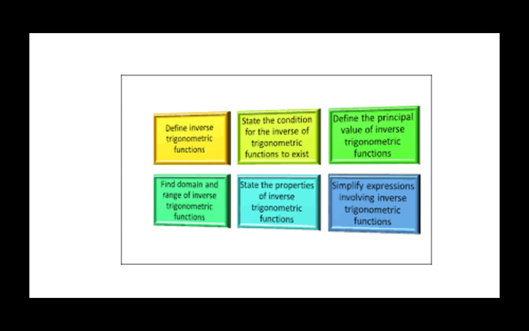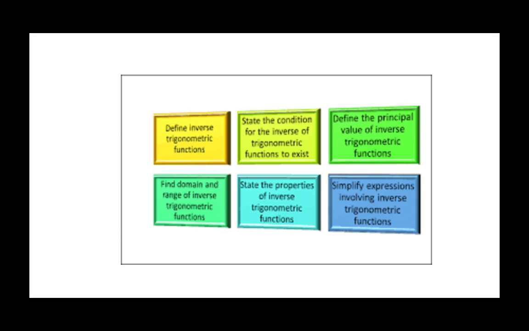Then we will define the principal values of inverse trigonometric functions. That means what the principal values of inverse trigonometric function are, how we can find them, and how we are going to use them.